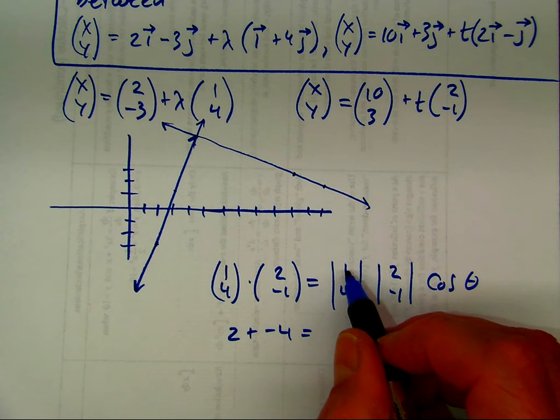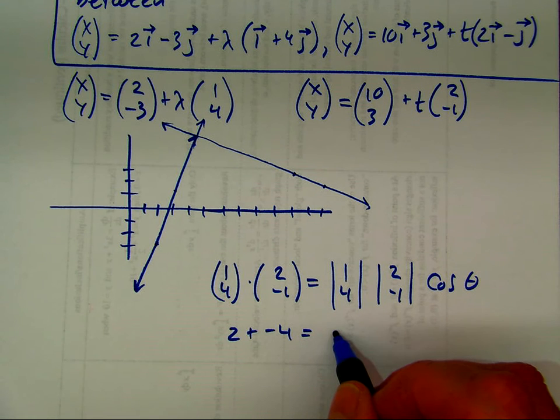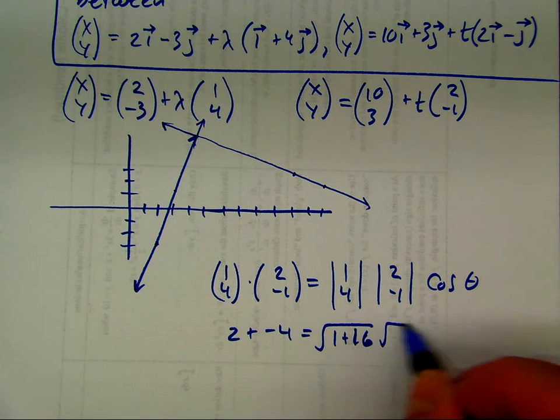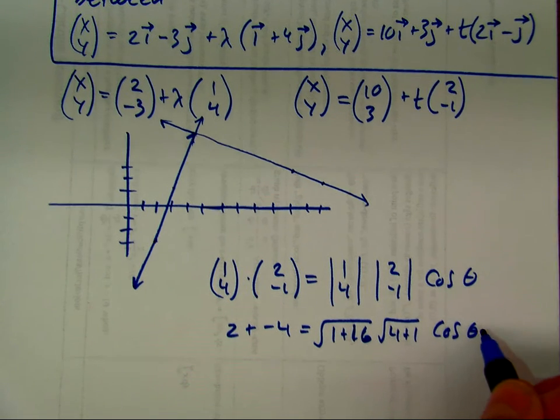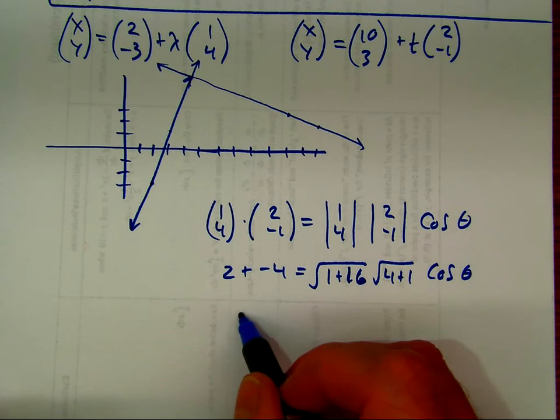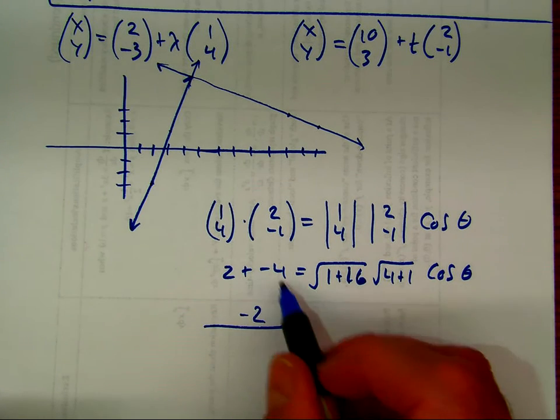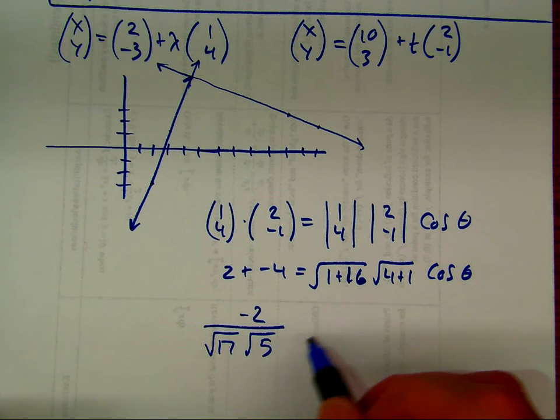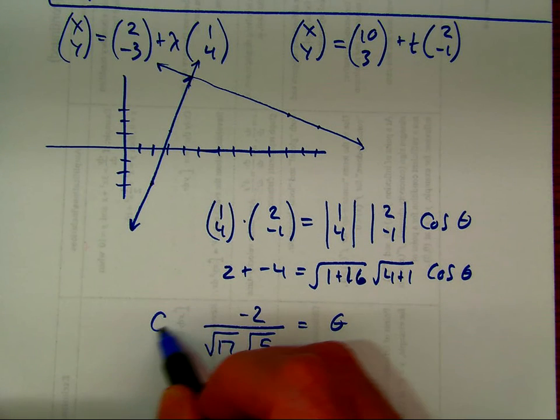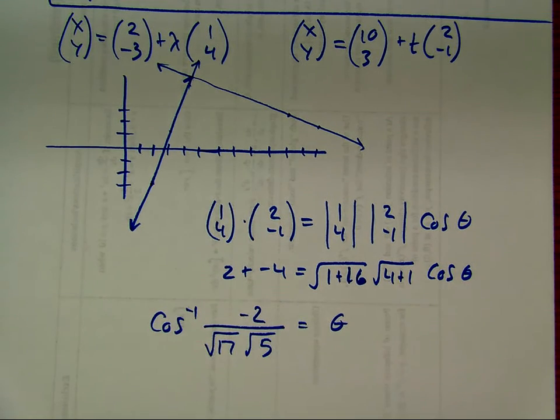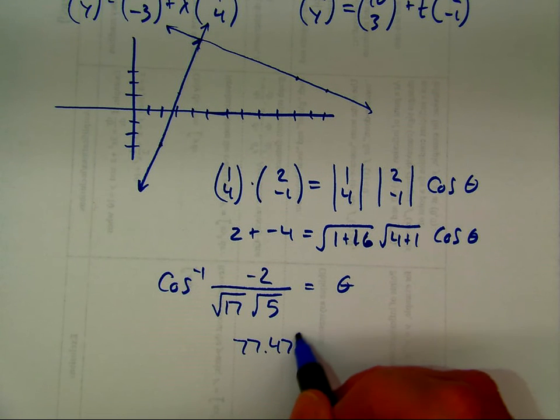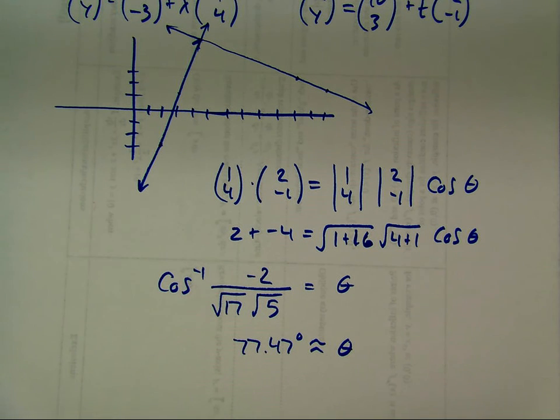This will be 1 plus 16. This is 4 plus 1. Negative 2, radical 17, and radical 5. Inverse cosine. And we get 77.47 is approximately theta.